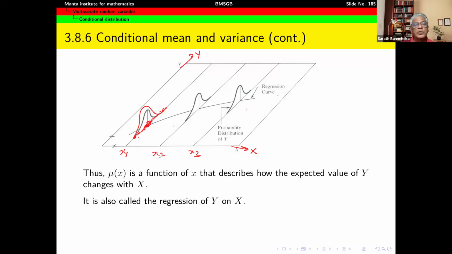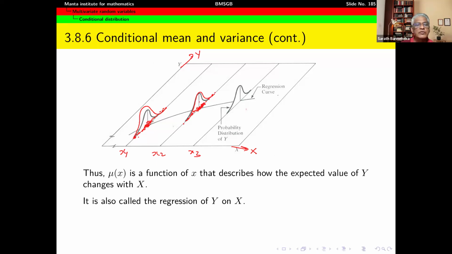And then when x is equal to x2, again, y can have different values, and most of those possible values will be around here. There will be several y values around this value, but few values here, and thereby the distribution will be something like this. And for x equal to x3 also, I will have some distribution.